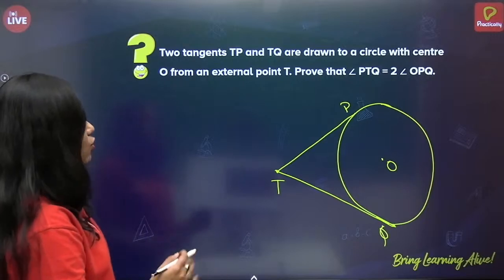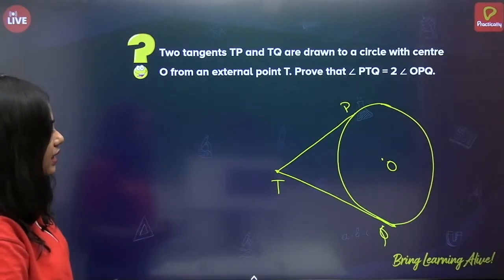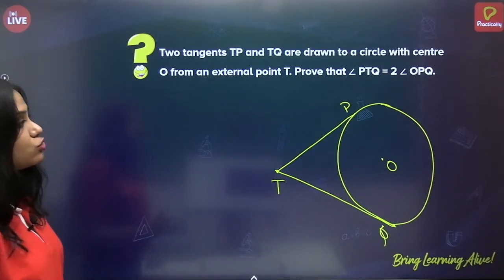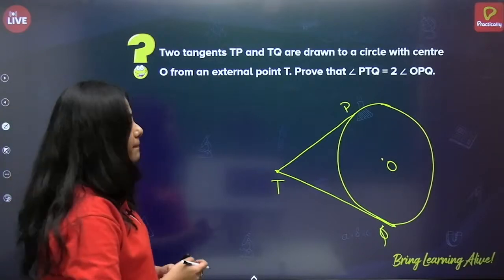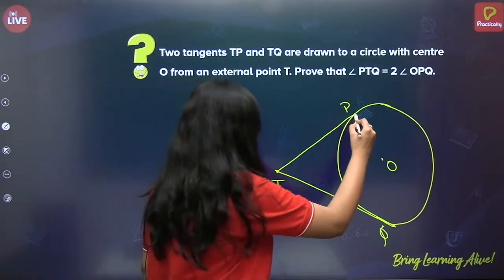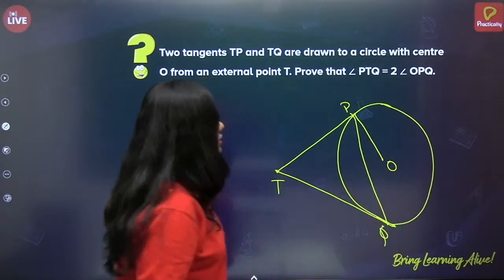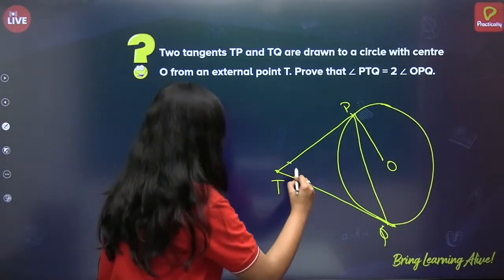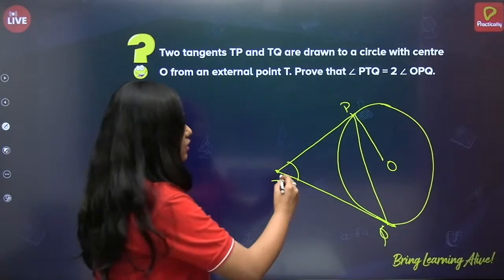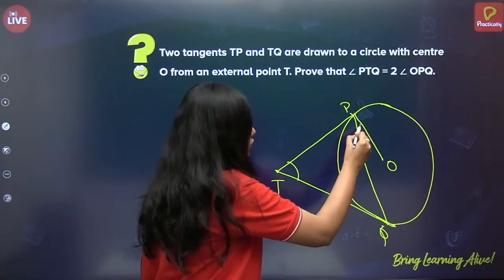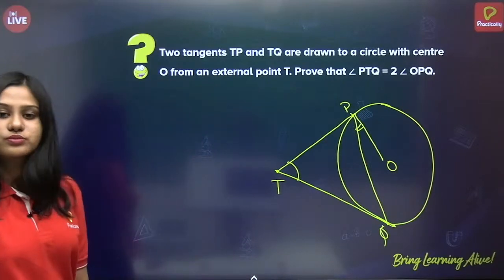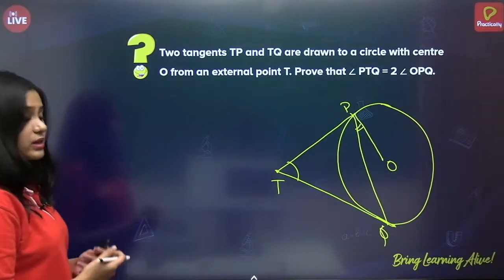Prove that angle PTQ is equal to 2 times of angle OPQ. Okay, so we have to join OP, we have to join PQ. And what do we have to show? This angle PTQ is equal to 2 times of this angle we have to show. Okay, let's see how.